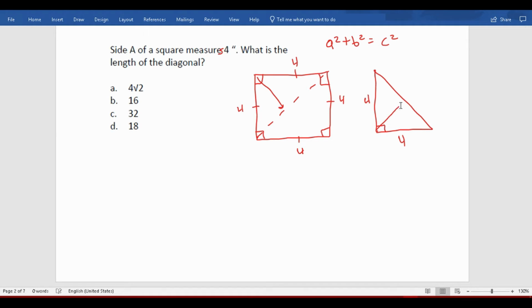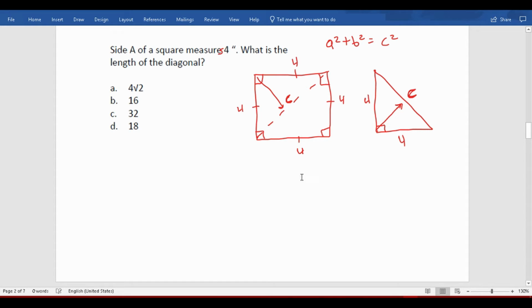Again, the hypotenuse is always directly across from the right angle. So in this case, this would be our c, and it would be right here on this square. Okay, and it doesn't matter what you set as a or b. Again, both of these are legs. As long as you correctly identify the hypotenuse and plug it in, you'll be fine.